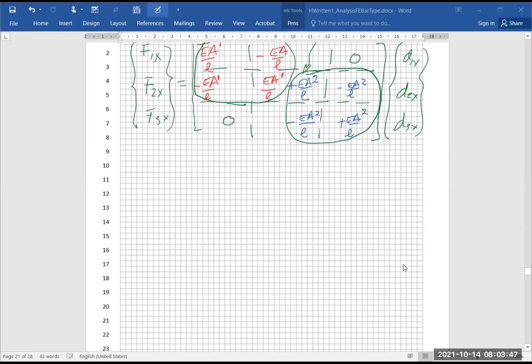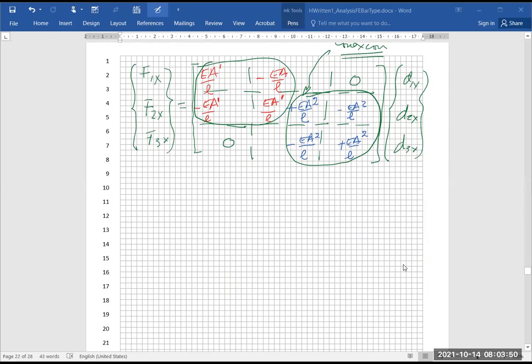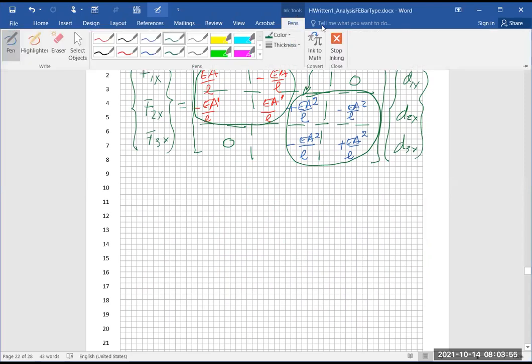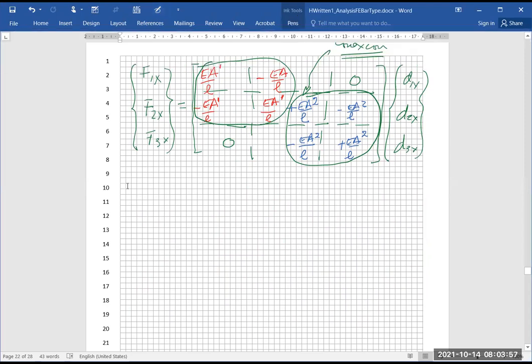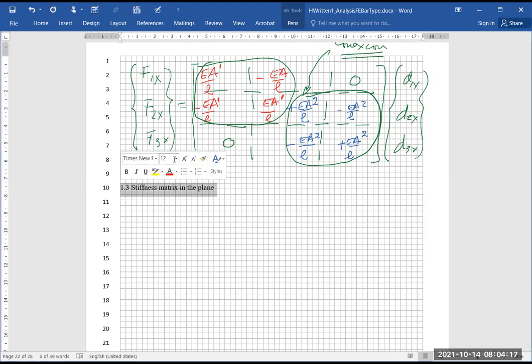Okay, so here, this is 1.3. The example, or the analysis, that we're going to develop is in the plane, like in the 2D problem.